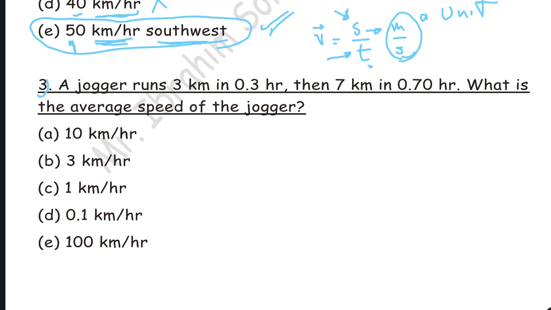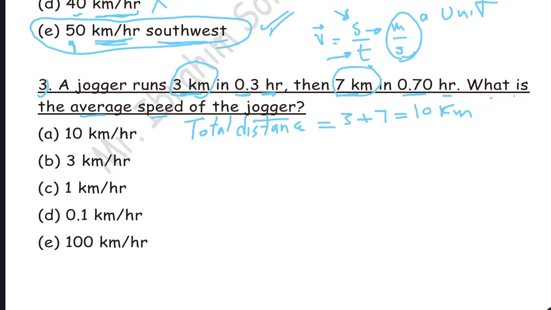A jogger runs 3 kilometers in 0.3 hour, then 7 kilometers in 0.70 hour. What is the average speed of the jogger? How to calculate the average speed? Let's get the total distance at the beginning, right? Total distance here is 3 kilometers and 7 kilometers. 3 plus 7 equals 10 kilometers.